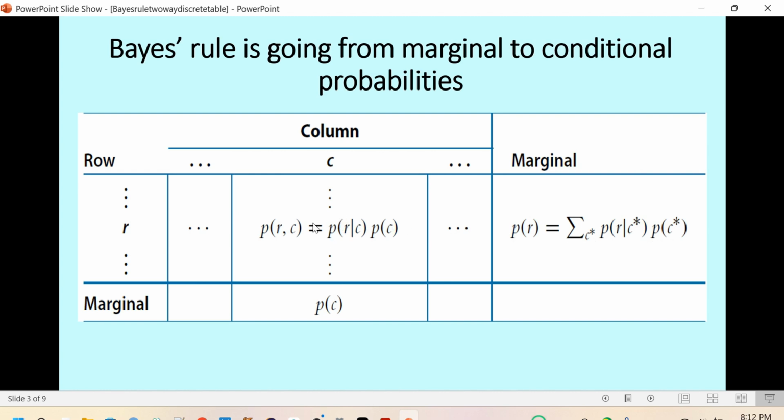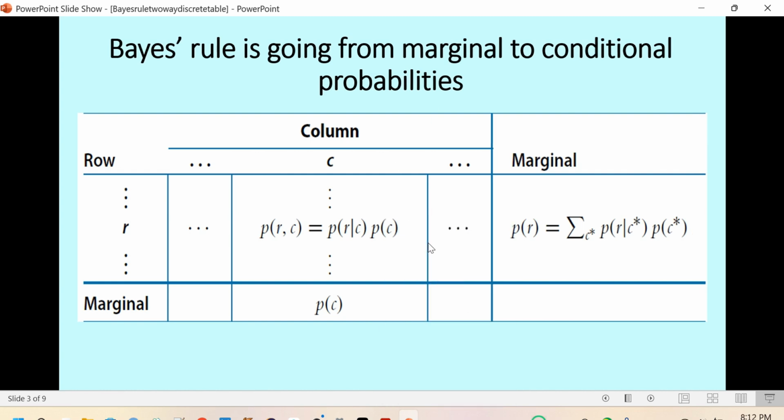We use a particular field in this row, then divide by this marginal, so we get a conditional probability, which is the posterior probability. So we can say the Bayes rule is going from marginal to conditional probability.